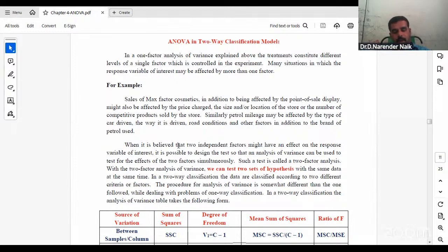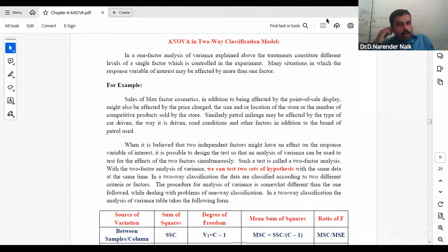See which car we are driving; that car may affect the petrol mileage, and the road condition also. In addition, which brand of petrol we are using is also important. When it is believed that two independent factors might have an effect on the response variable of interest, it is possible to design the test so that an analysis of variance can be used to test for the effect of the two factors simultaneously.